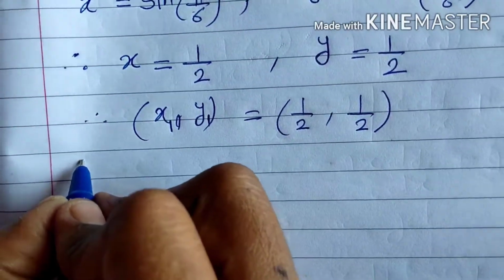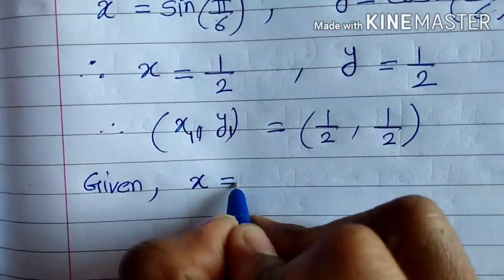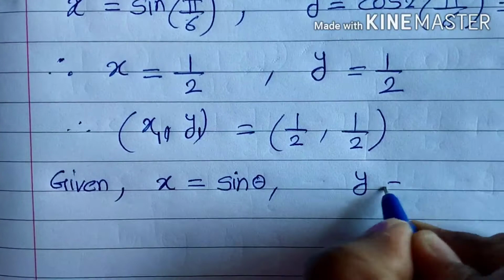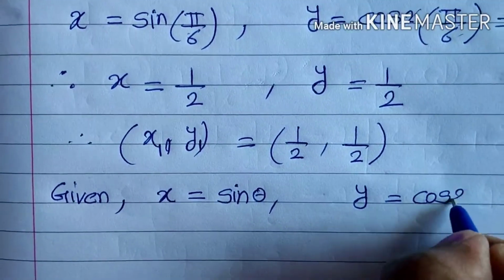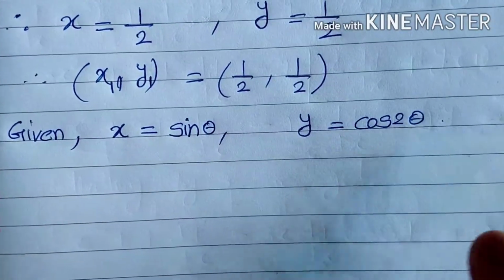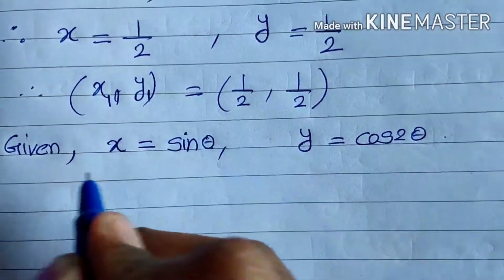Given x is equal to sin theta and y is equal to cos 2 theta. Now differentiate with respect to theta, where theta is the parameter.